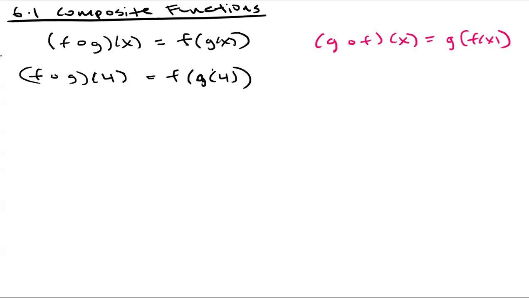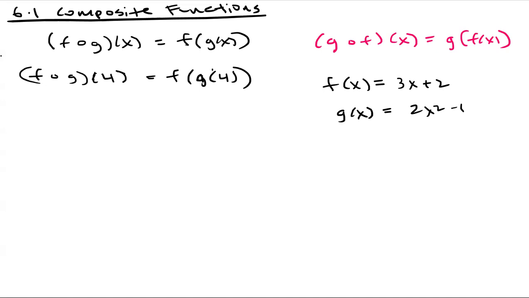Let's say that our f of x is equal to 3x plus 2, and then our g of x is equal to 2x squared minus 1.